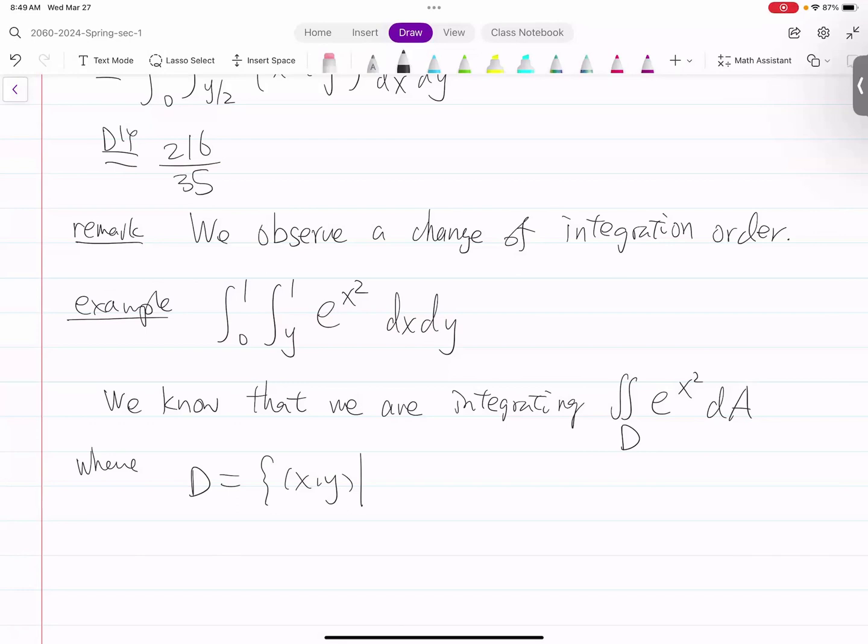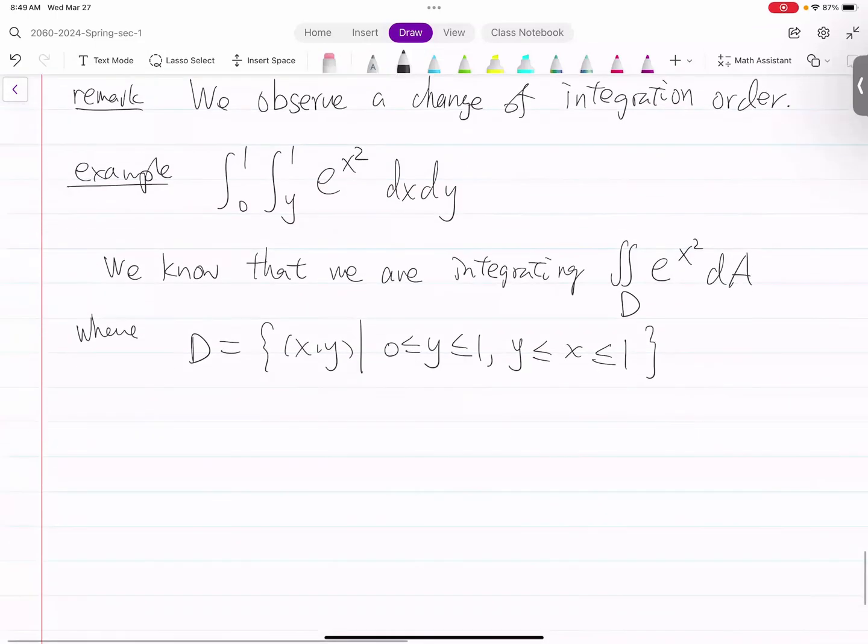So basically, y is cut between 0 and 1, right? And then x is cut between the lower bound of y and upper bound of 1. So it's actually not so difficult to establish the figure of this region. So the original integral may be hard, but once we get the description of the region, we can interchange the order of integral. So that's what we are gonna do.